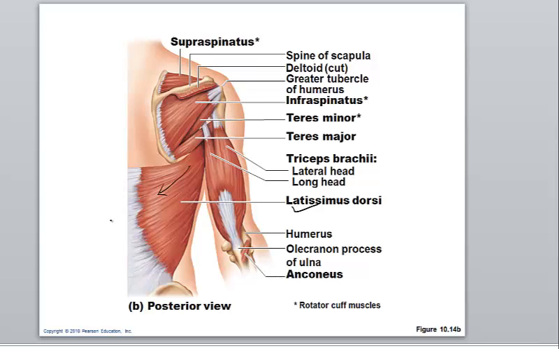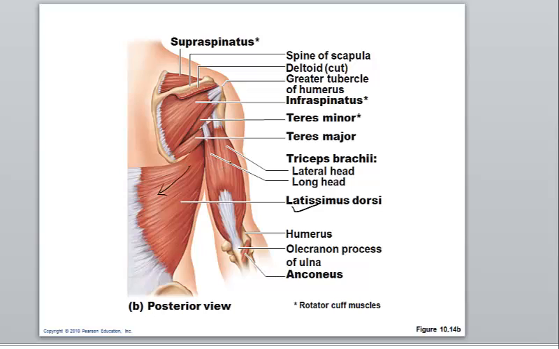And then you have a bunch of muscles that are going to be found in the scapula, and they help with humerus rotation. Okay. Remember, when a muscle crosses a joint and attaches to the bone, like for example your deltoid, it starts off at the scapula, crosses your shoulder joint, attaches to the humerus.